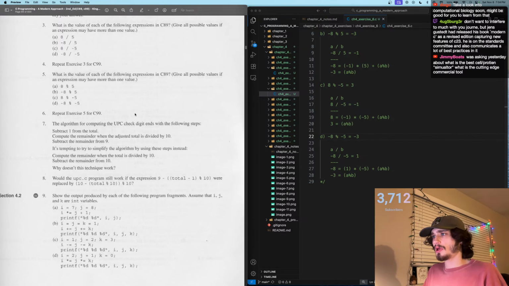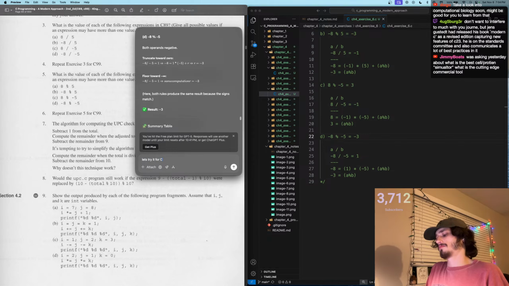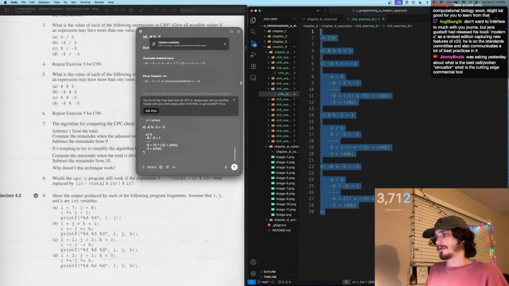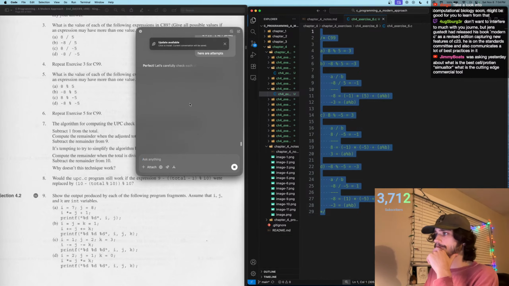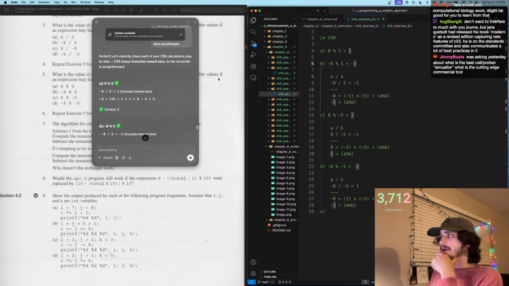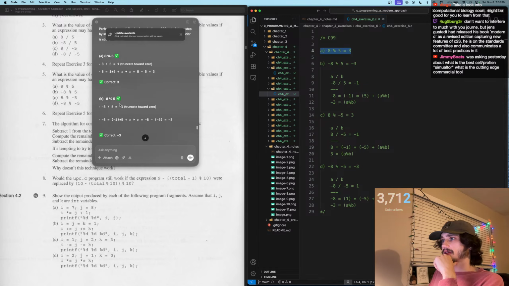Let's try it for C99. Alright, cool, let's check here. 8 modulo 5 in C99 will give us 3, correct, nice.